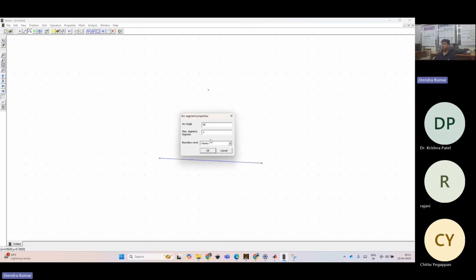Now, arc angle, how much it should be? Let's suppose 30 degrees. Maximum segments, let's suppose 2. Okay, so this is how arc is designed. If you change the angle, the arc will change and all.